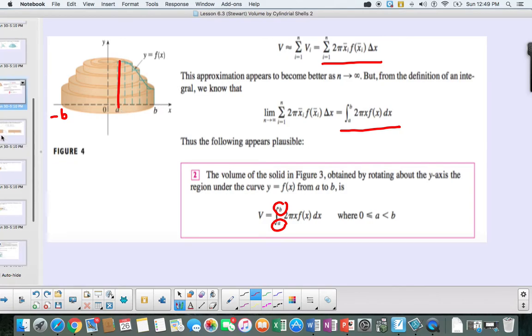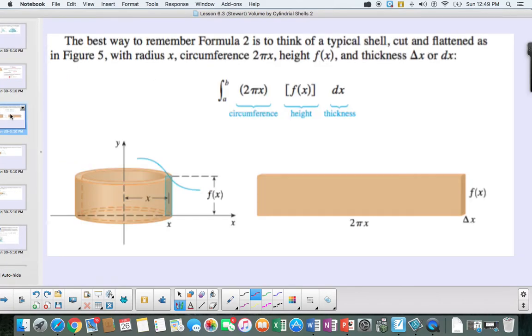So pay attention to that as we continue. An easy way to remember it is to think of a shell as if you unwrapped it: it would be a very thin prism. This would be the length, and the length is coming from a circumference. The height here is coming from the height to the curve, and then there's going to be some thickness, which will make that 3D thickness here.